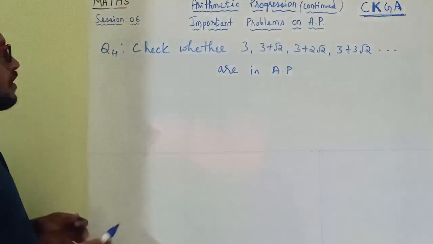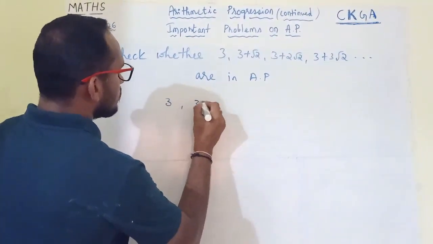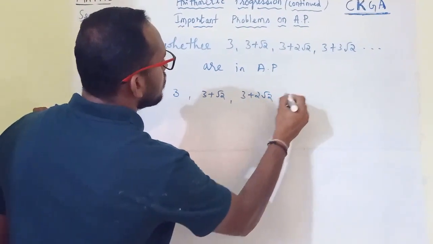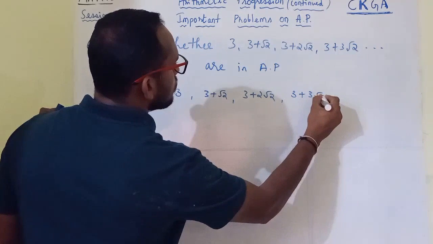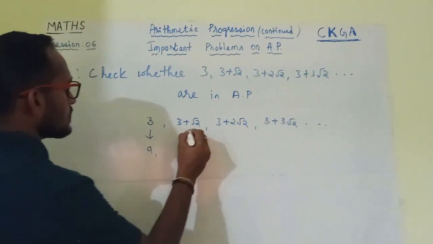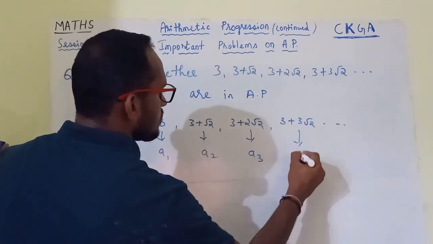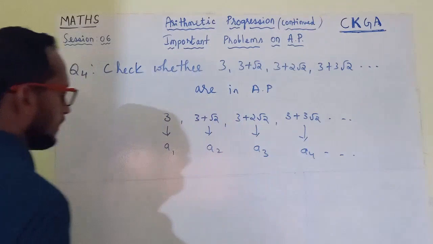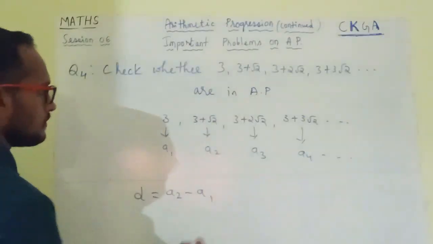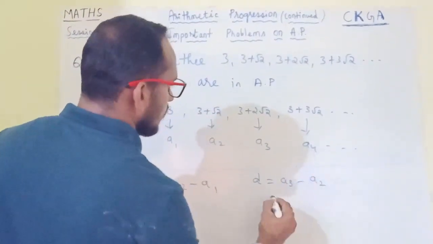Before that, let me write the sequence again: 3 plus root 2, 3 plus 2 root 2, 3 plus 3 root 2, etc. I'll call these A1, A2, A3, A4. So find the common difference. D is equal to A2 minus A1, and also D is equal to A3 minus A2.